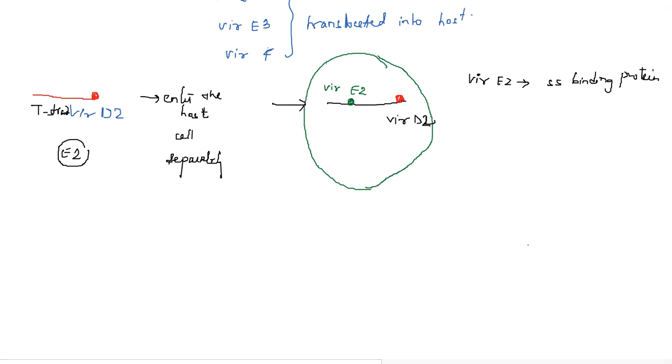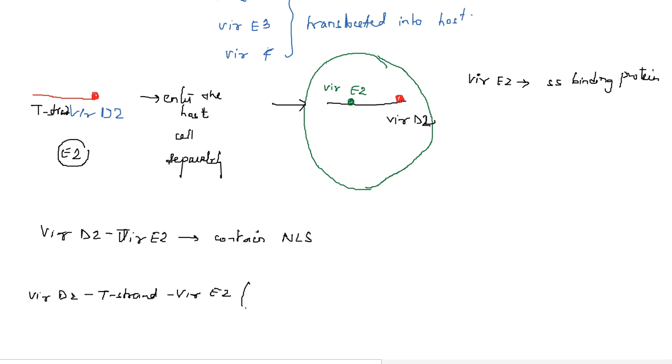Vir D2 and Vir E2 contain the nuclear localization signal, as a result of which this complex of Vir D2, T strand and Vir E2, which is known as the T complex, will enter into the nucleus.